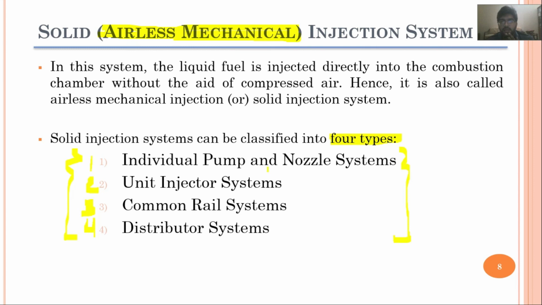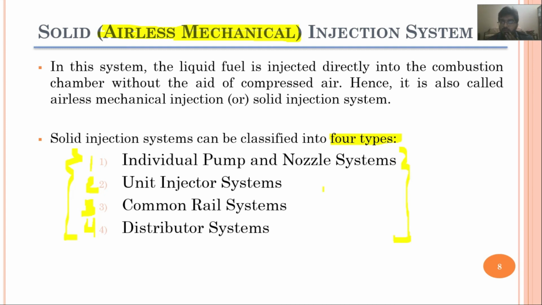Then I also told you the four different types of configurations which are commonly used in solid injection systems, but I didn't explain the details of these four configurations. And I mentioned that I will explain this part later in this video or maybe in the next video.